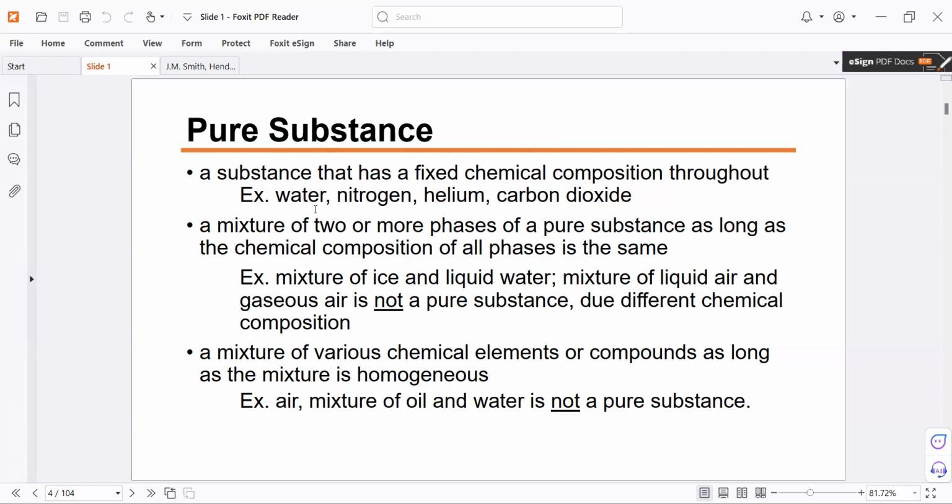But I think the actual air around us, which may be contaminated with other particles and particulate matter, may not be a pure substance. So this one is debatable. A mixture of oil and water is obviously not a pure substance because it's not homogeneous.